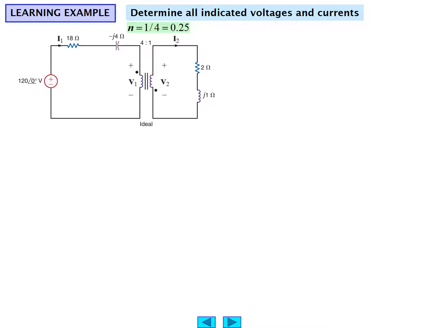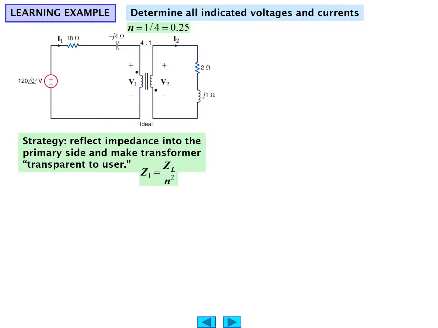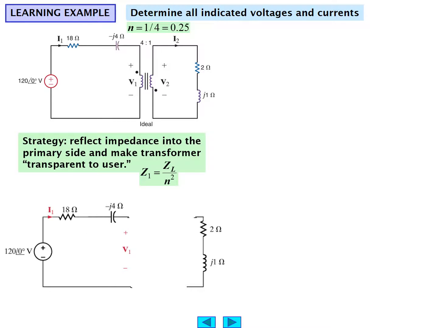So n, little n if you will, is the turns ratio. That's 1 over 4 or 0.25. Let's reflect the impedance into the primary side to make the transformer essentially transparent to the user or the first circuit. That is, Z1 would equal Z sub L divided by little n squared.